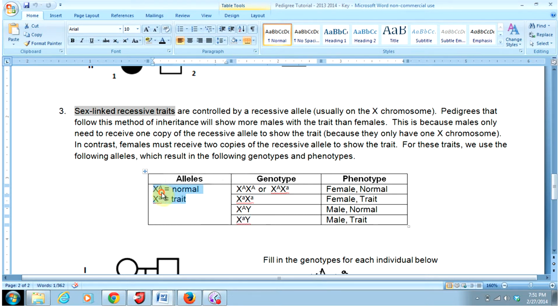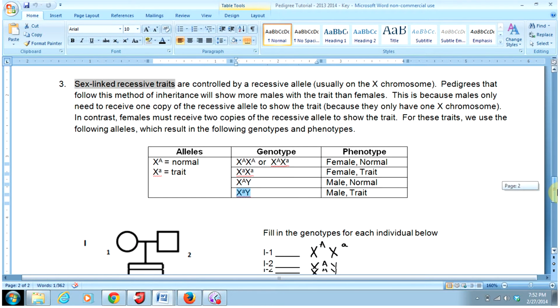X big A is going to be normal, and X little a will represent the sex-linked recessive trait. So there are 2 genotypes that'll give us a normal female, X big A X big A and X big A X little a, and 1 genotype, X little a X little a, that'll give us a female with the trait. There's 1 genotype, X big A Y, that'll give us the normal male, and 1, X little a Y, that will give us a male with the trait.